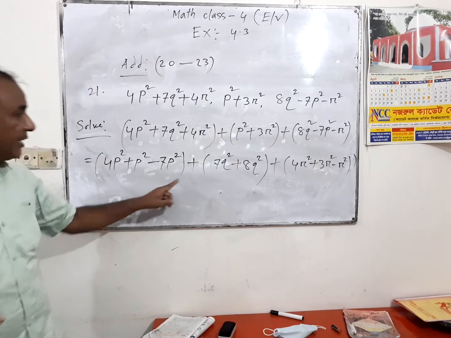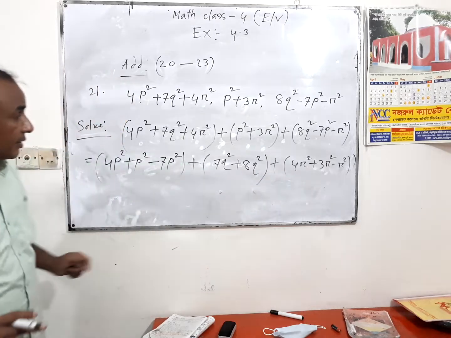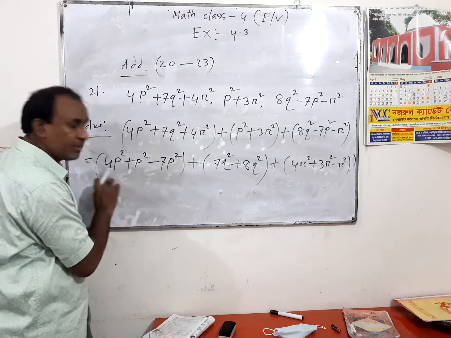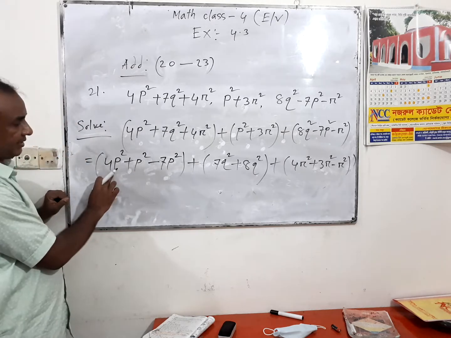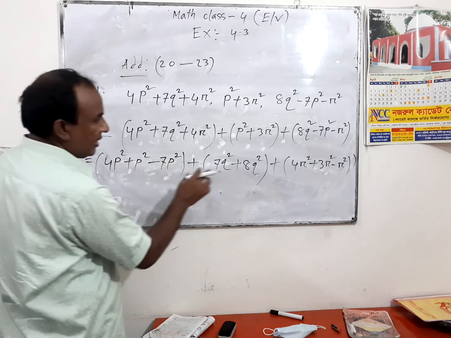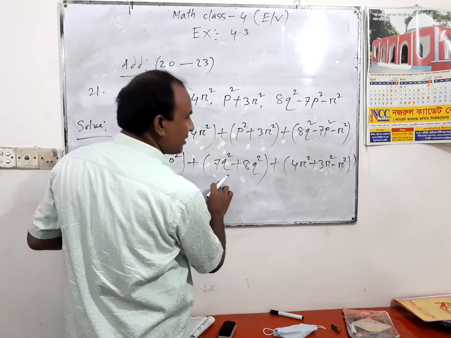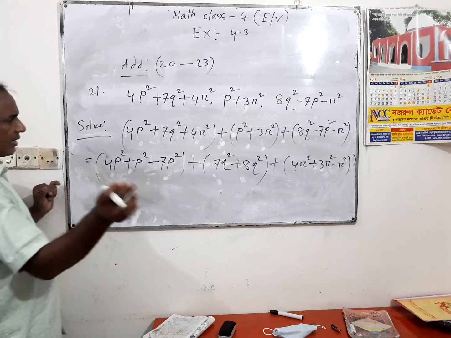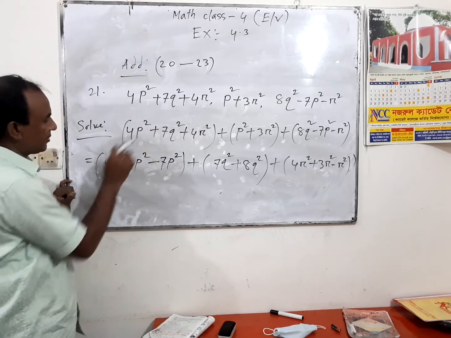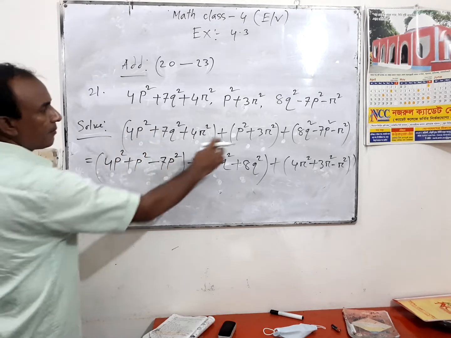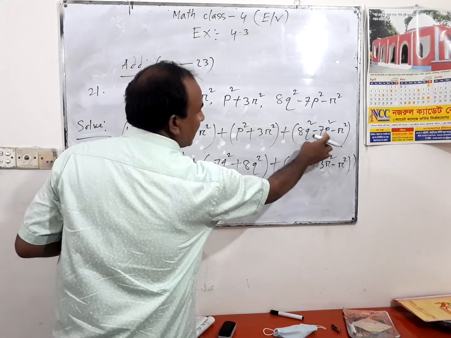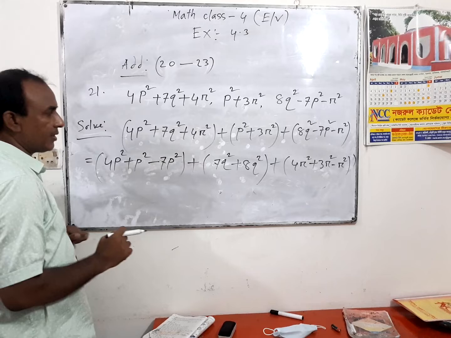This line is very important for you because we arrange similar terms with their signs. Again I explain: 4p square, plus p square and minus 7p square.